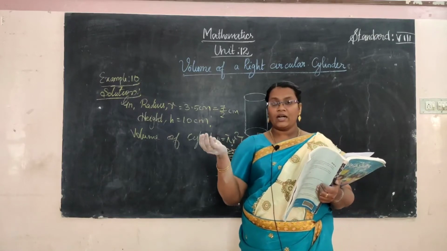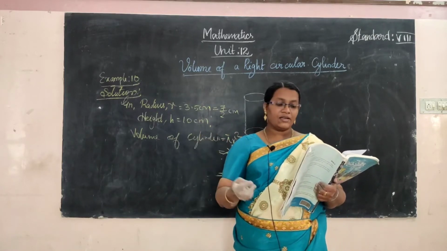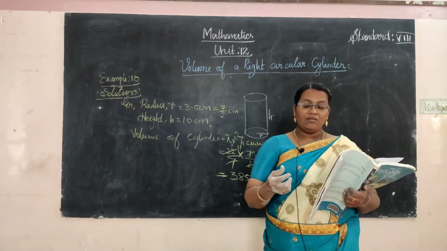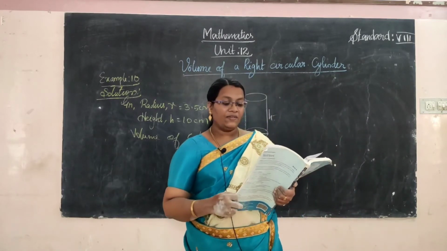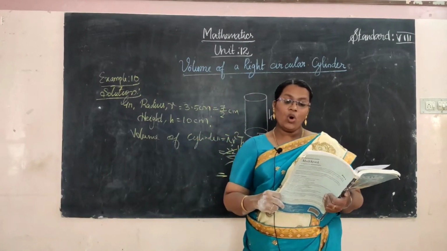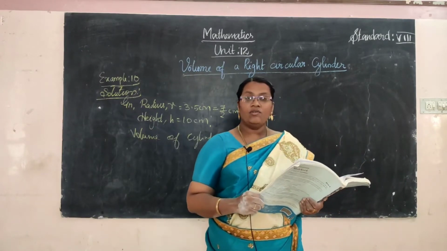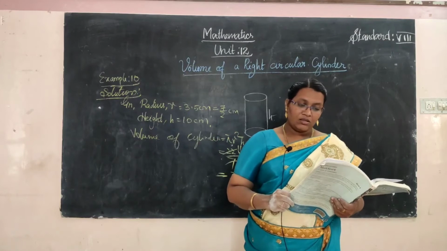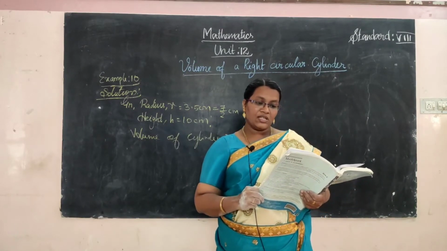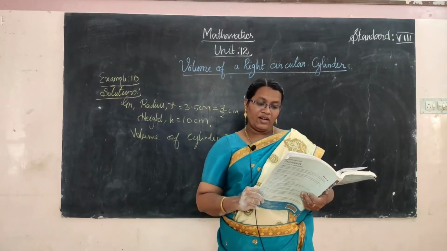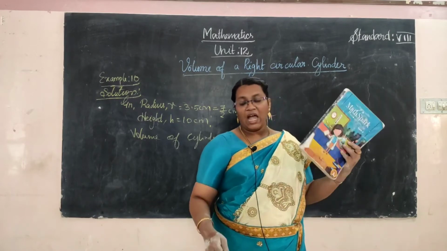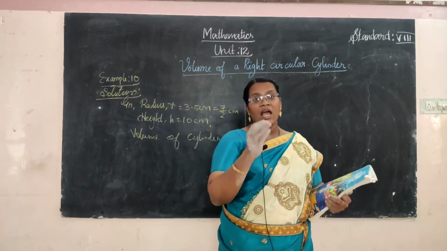The rectangular paper is folded and we get this cylindrical shape. We have already done this activity. Find the volume of the cylinder so formed. For here the height of the cylinder is 20 centimeters, so we have to consider the breadth as the height.